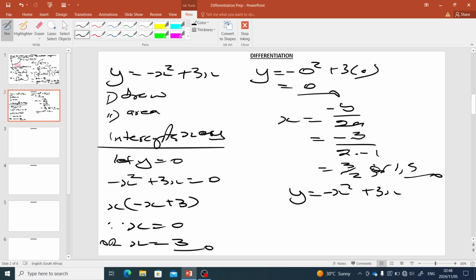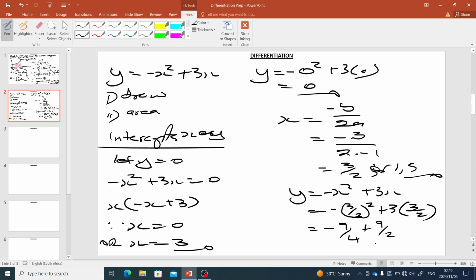Where there's x, we'll put 3 over 2. Then we are having negative 3 divided by 2 squared plus 3 times 3 divided by 2. Then we will get negative 9 over 4 plus 9 divided by 2.